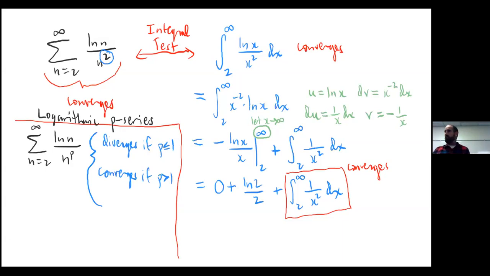Any questions on that? Yeah, Daniel. So you were just applying that growth hierarchy, so logarithm is slower than polynomial. Right, we applied the fact that the logarithm grows slower than the polynomial right there.